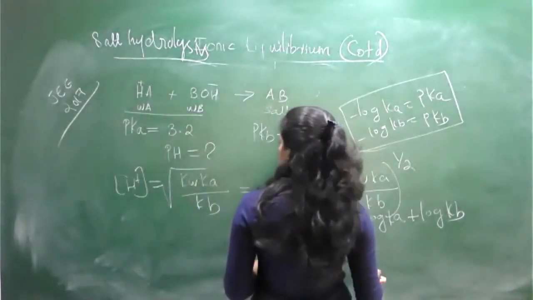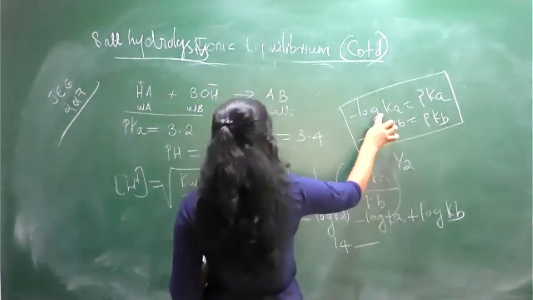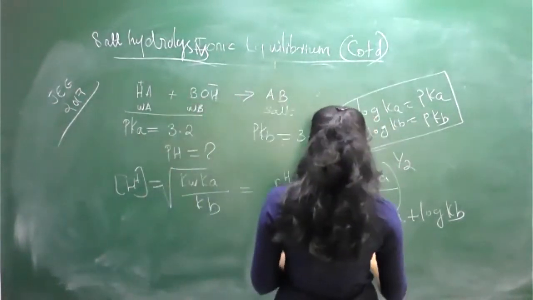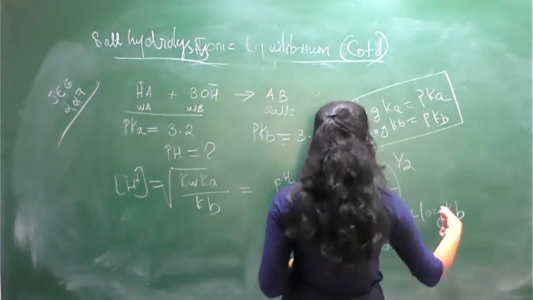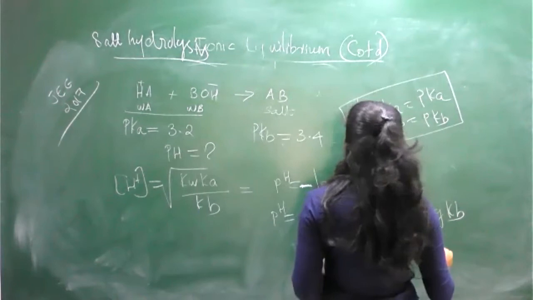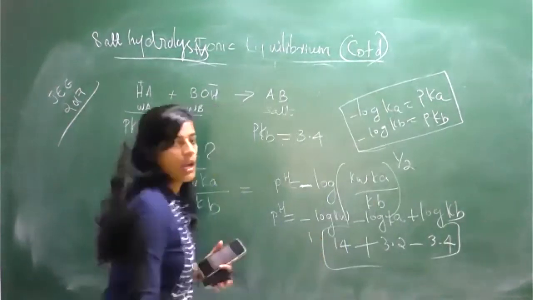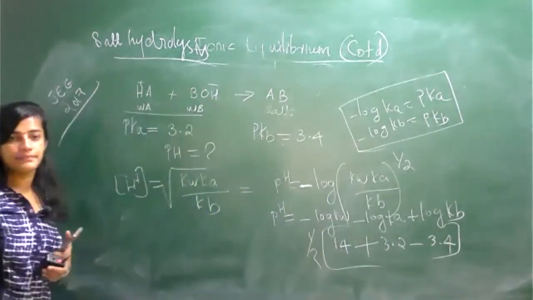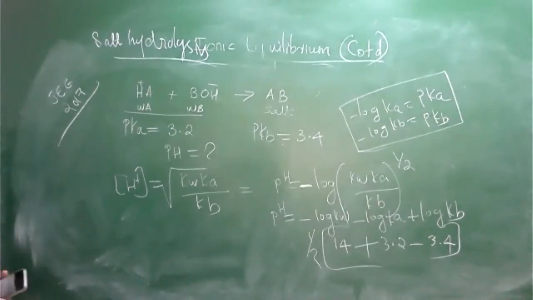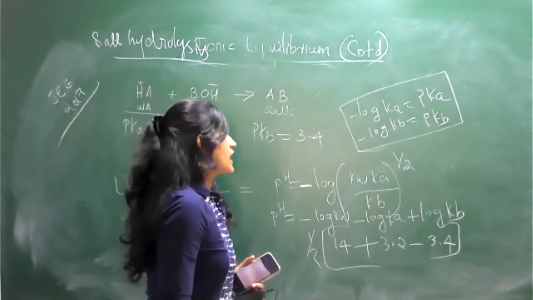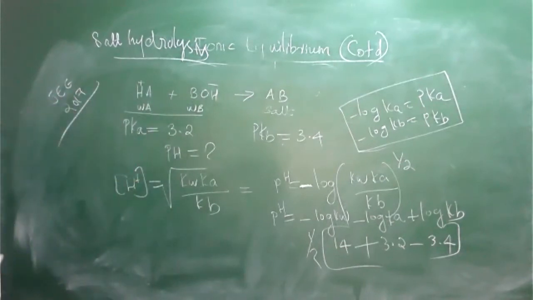So 14 minus log Ka... pKa value 3.2 minus pKb value. pKb is equal to 3.4. So 1 by 2, 3.2 minus 3.4, minus 0.2, no? 14 minus 0.2.